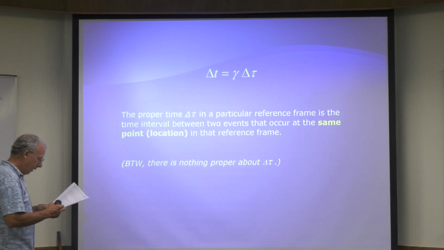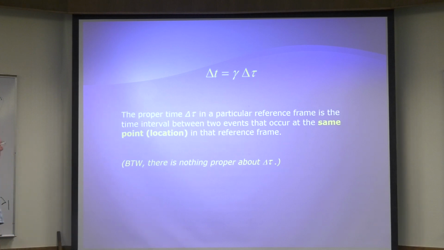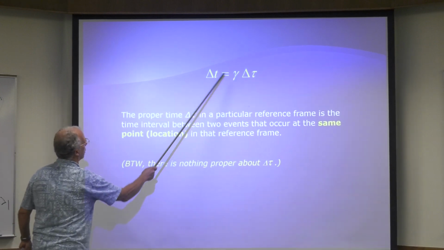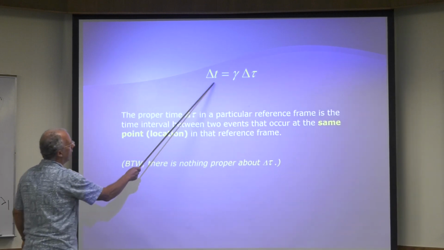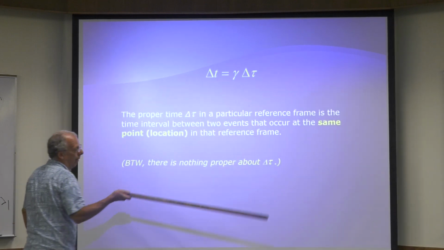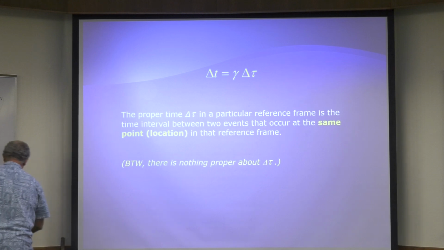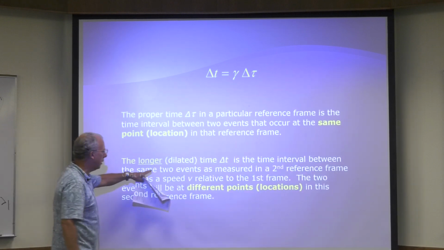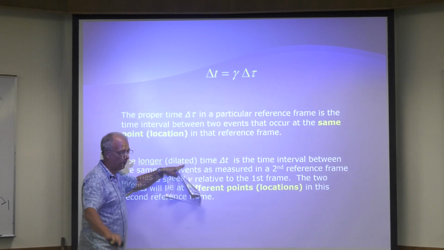Now remember, gamma is greater than 1. So delta t is always going to be greater than the proper time. They call it the dilated time. I'll show you why in a minute.